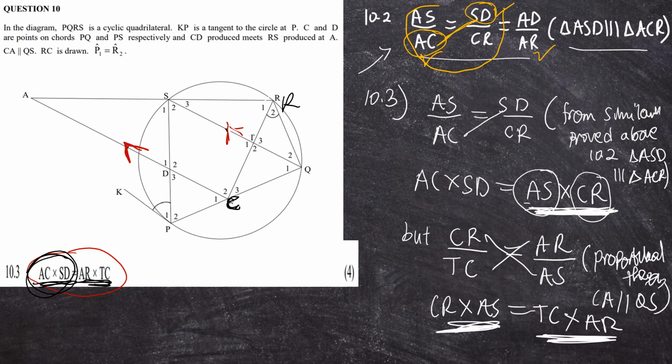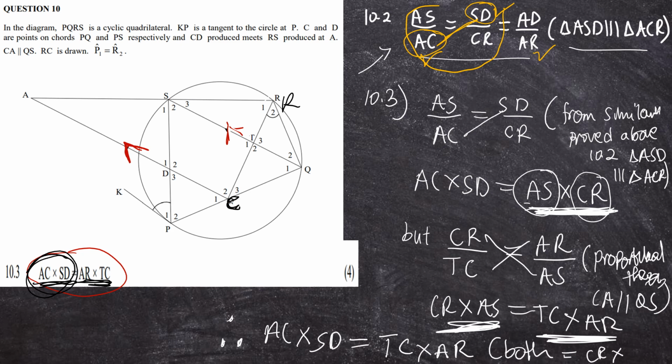Okay, so then we can now go and replace that AC multiplied by SD is now equal to TC multiplied by AR. Okay, because both of them are equal to CR multiplied by AS. Okay, we have just proven that.